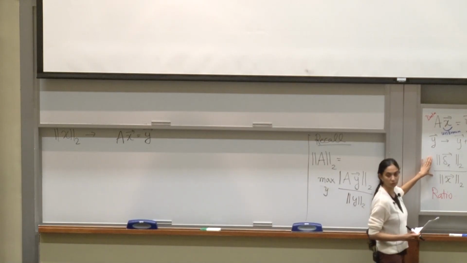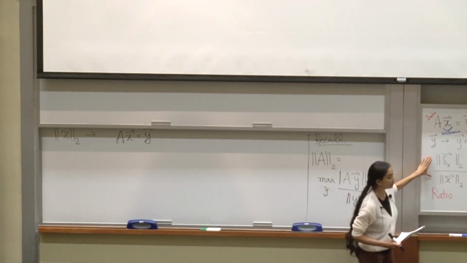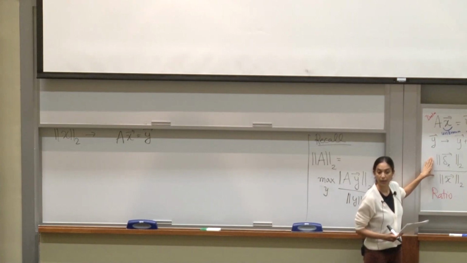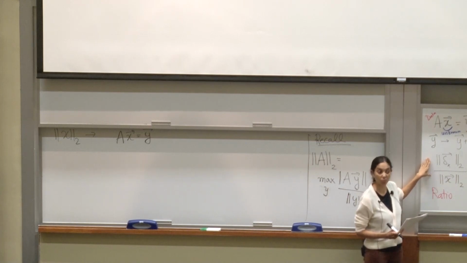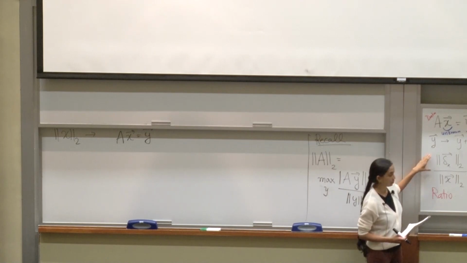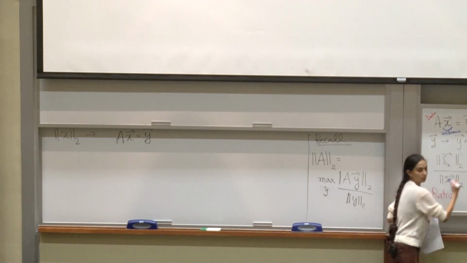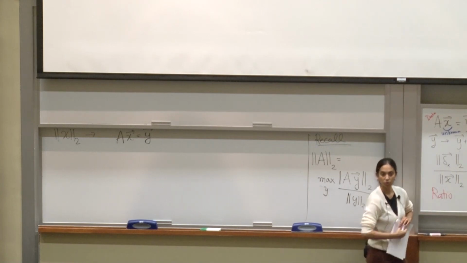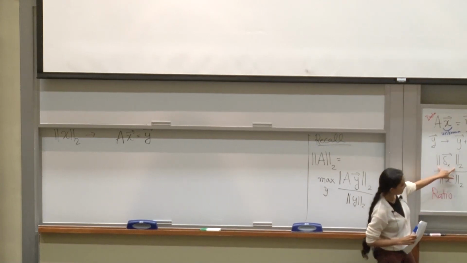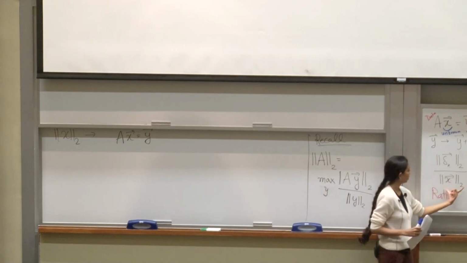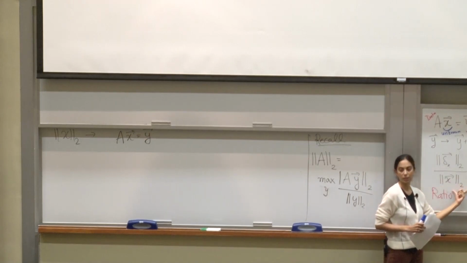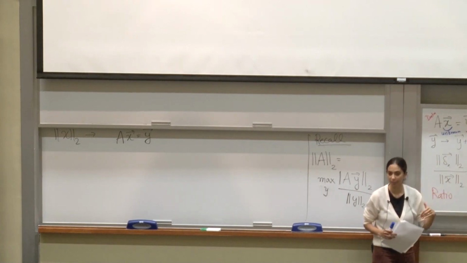We want this ratio to be small, right? So we want to say that this thing is less than or equal to something else. So we want delta x to have an upper bound. But what do we want for the norm of x? An upper bound or a lower bound? A lower bound, because it's in the denominator.